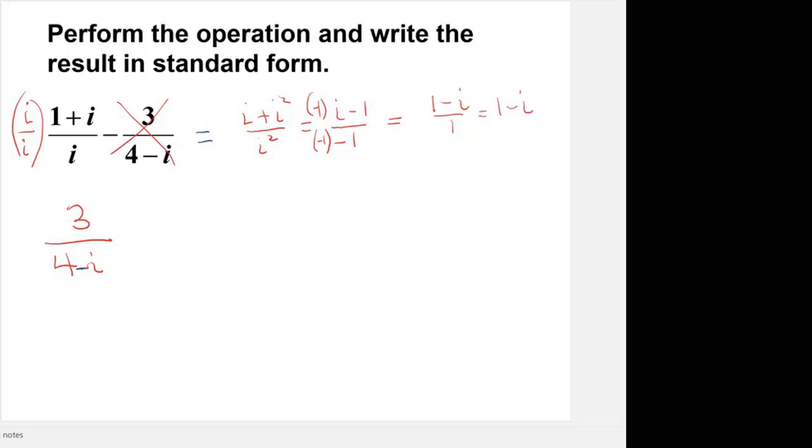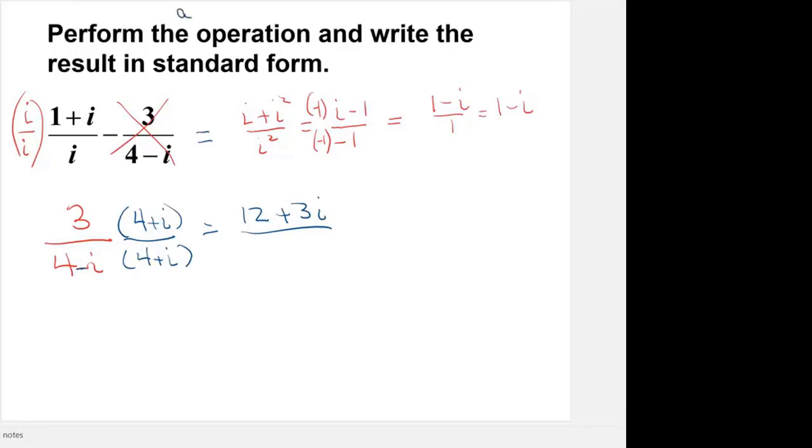There you go. So if I multiply this by 4 plus i over 4 plus i, then in the numerator I get 12 plus 3i over, and what would happen? Don't FOIL it. Just tell me if you have any idea what 4 minus i times 4 plus i would be.